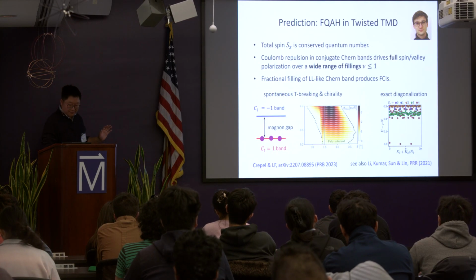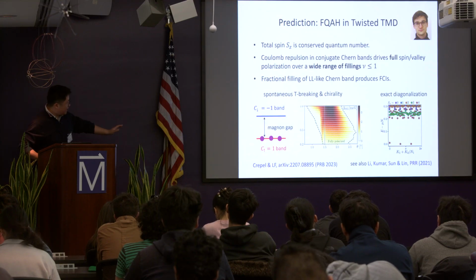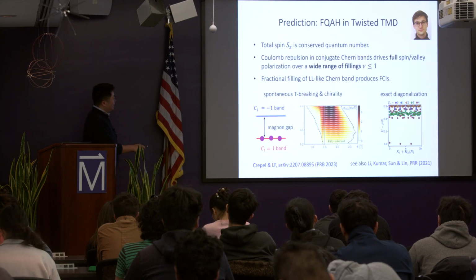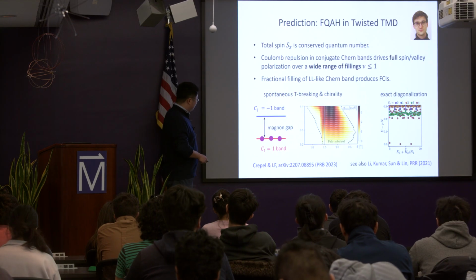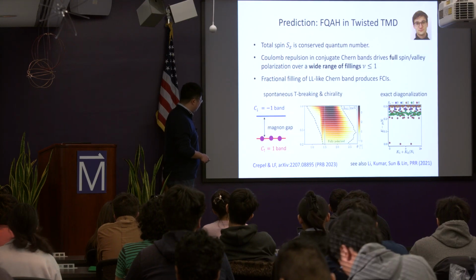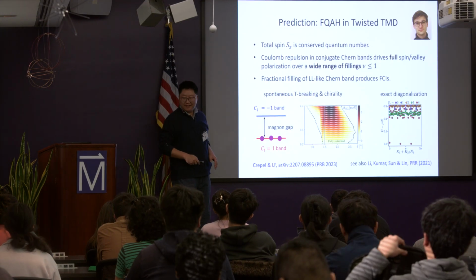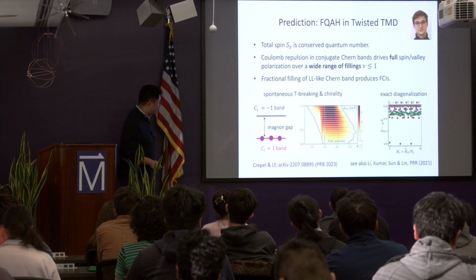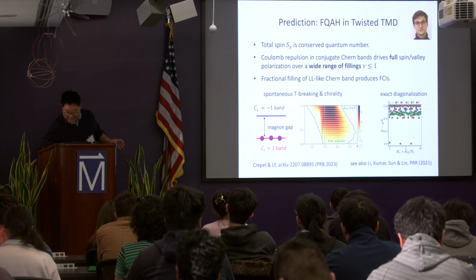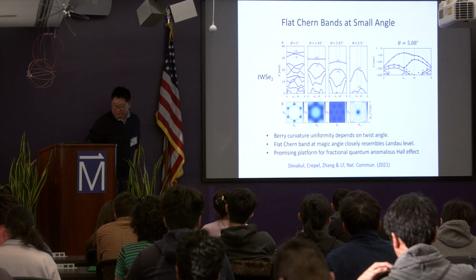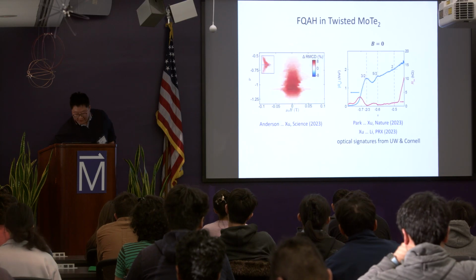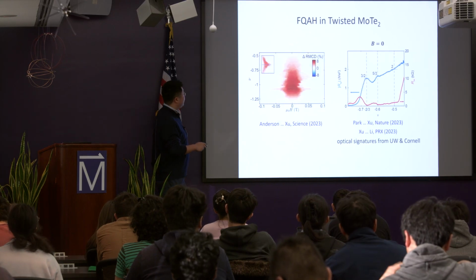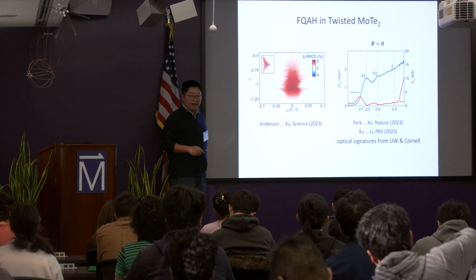Okay, in fact, this work was completed in the summer of 2022, and the first time I gave this talk was here at the Tallahassee Winter School in January 2023. At that time, the UW group, Xiaodong Xu's group, had been working on twisted MoTe2 for a while.